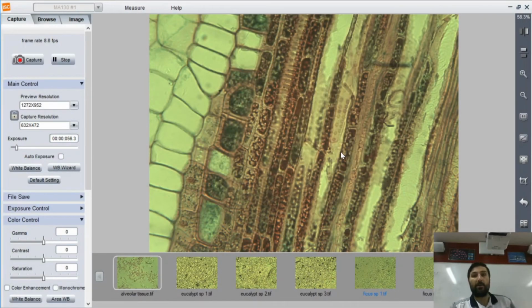Okay, so now we've gotten to this image that you just saw me going from low power all the way to our highest magnification at 400 times magnification. If you're looking in your textbook, investigation 6.2 is the one that we're doing here with our aim to observe the microscopic structure, very important, structure, not function, of xylem and phloem.